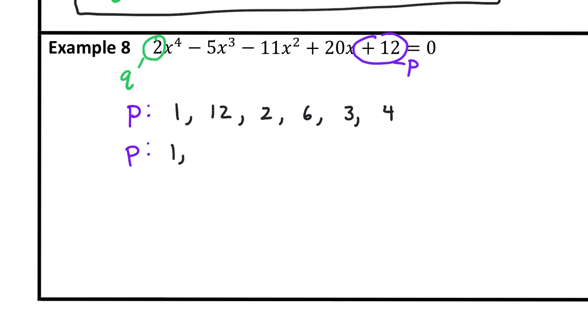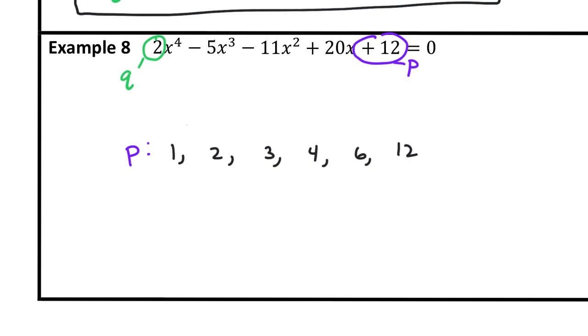So 1, 2, 3, 4, 6, 12. Okay. And then we're considering all the positive and negative.